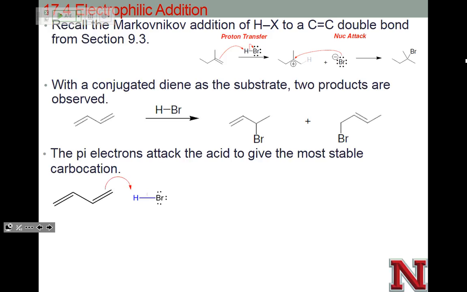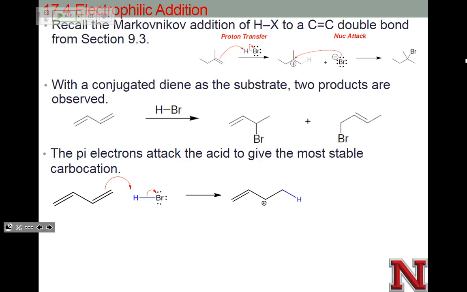Well, when we get the attack, our most stable carbocation will be the one in conjugation with the double bond. No matter which substitution that positive charge is, it's going to be more stable if it's in conjugation with the double bond, even if there's a tertiary one available.